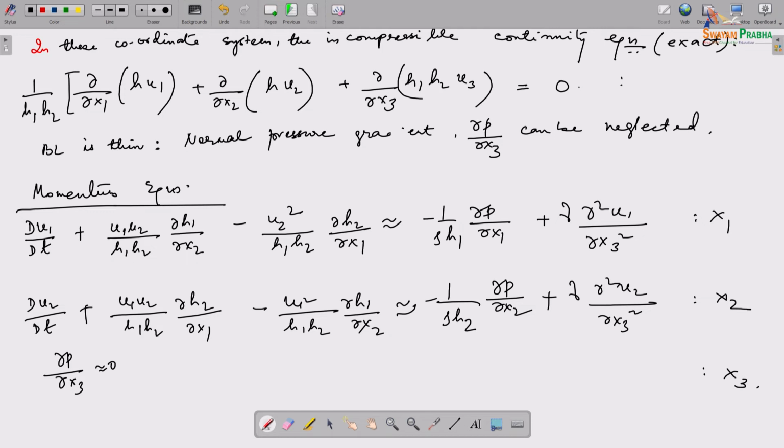So, this is the continuity and these are the momentum equations. So we have the continuity, and these are the momentum equations, x1, x2 and x3. Okay. Now here let me write down a few things.